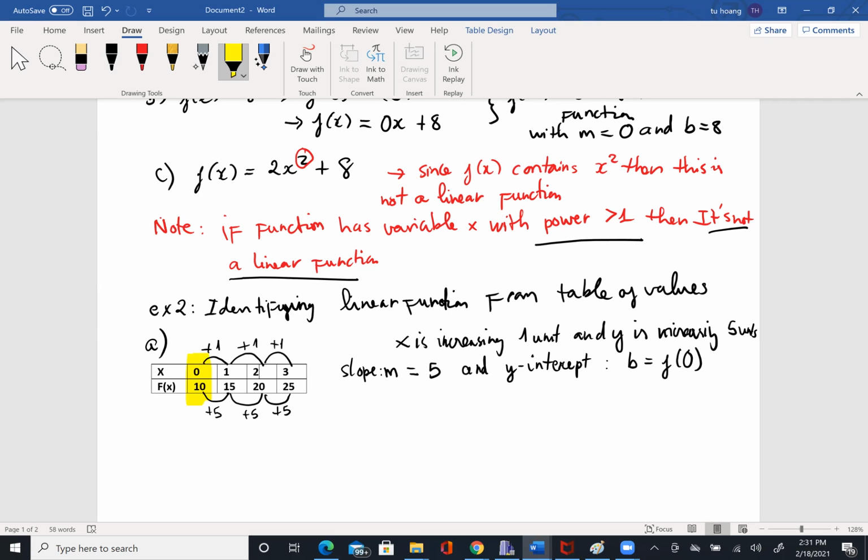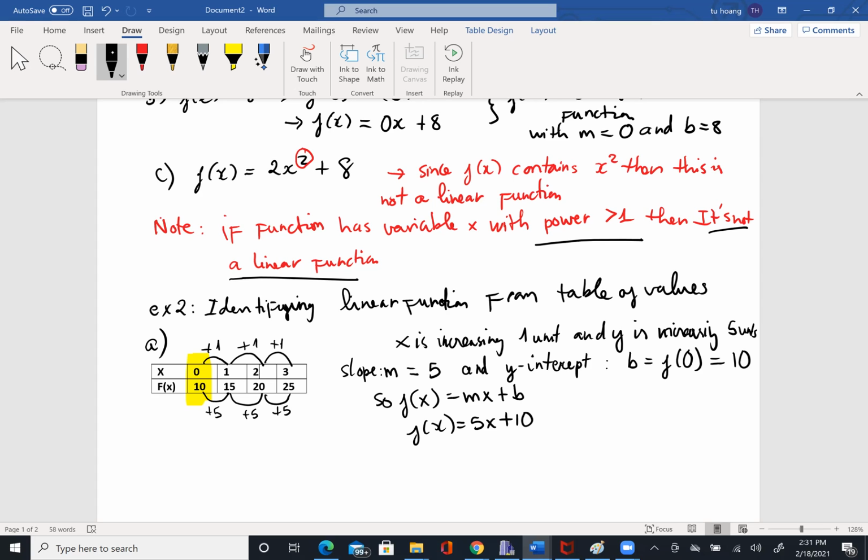So you see that b should be equal to 10, which is f of 0. Okay. So f of x in the format mx plus b is going to be rewritten as 5x plus 10.